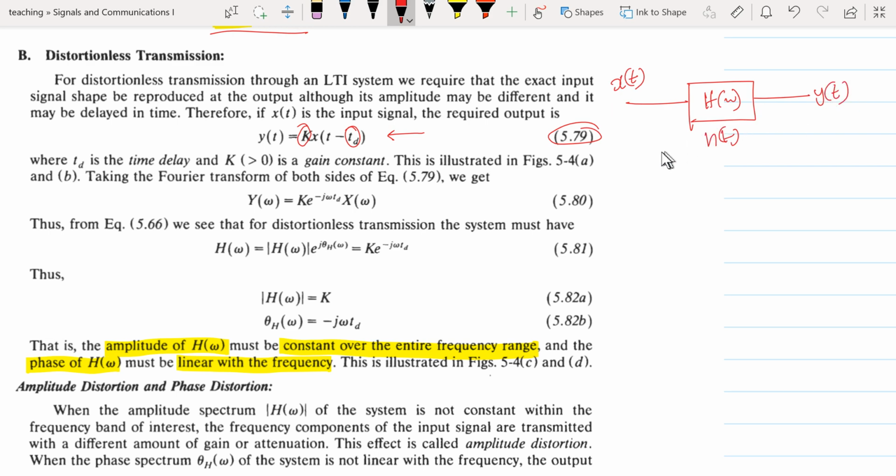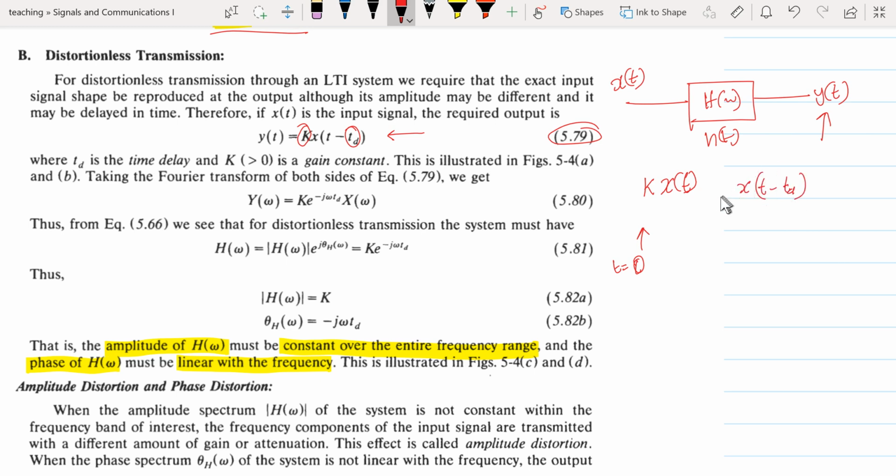The output y of t may introduce some gain to the input x of t, and there may also be a slight delay in time, such that the signal might be input at time t equals 0, but when it is received at the output there is a delay, equivalent to x of t minus td or t naught.